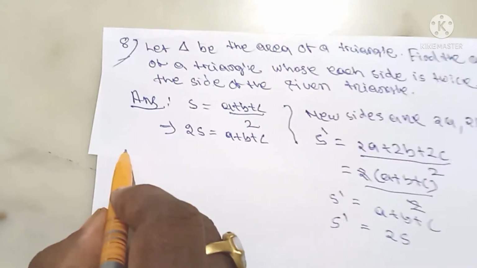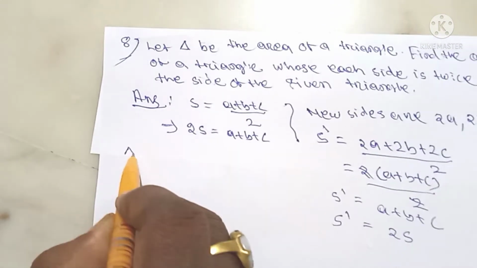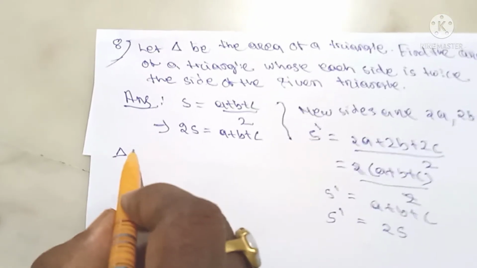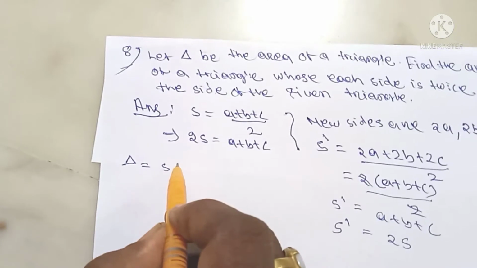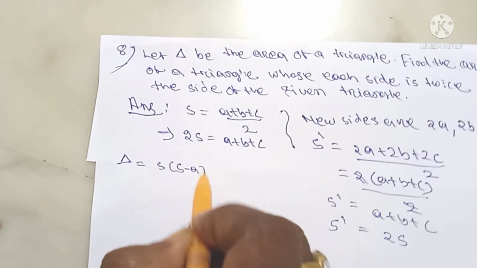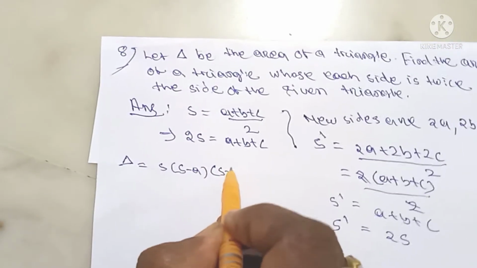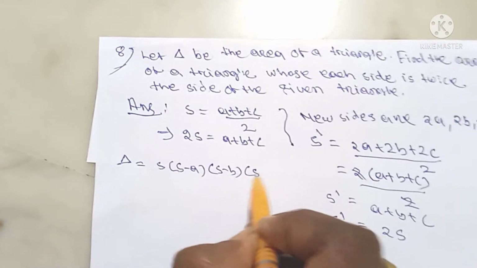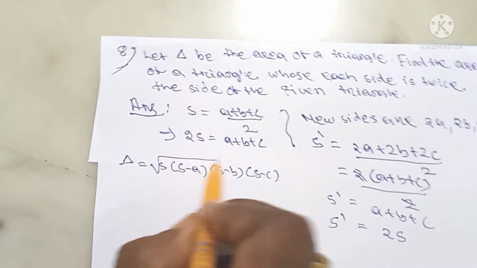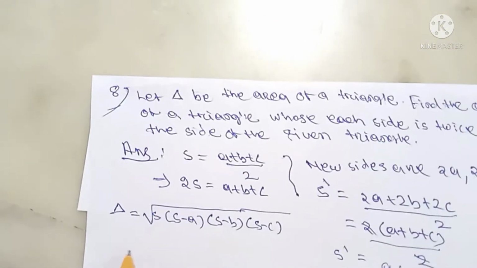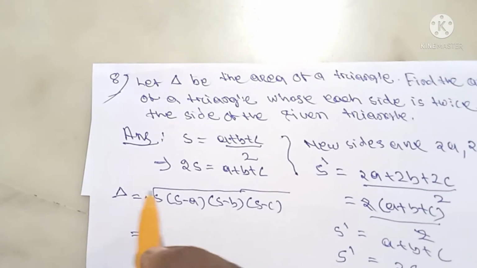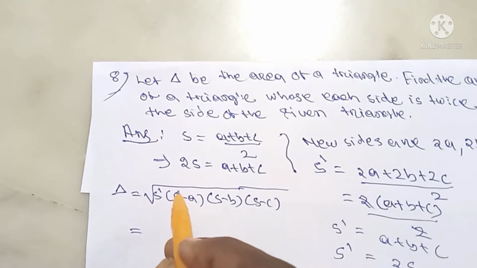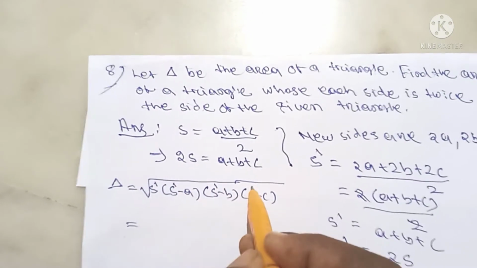Now, find the area of a new triangle. Area of new triangle delta, put the formula root over S whole into S minus A whole into S minus B whole into S minus C. Now, in place of area of a new triangle delta, put here S dash, S dash, S dash, S dash.